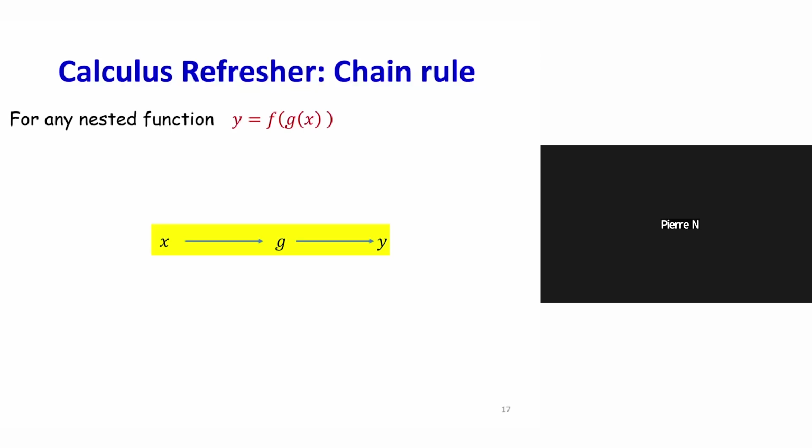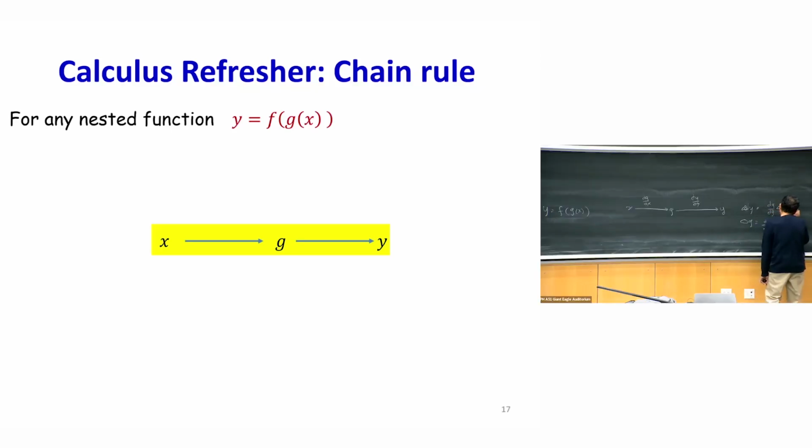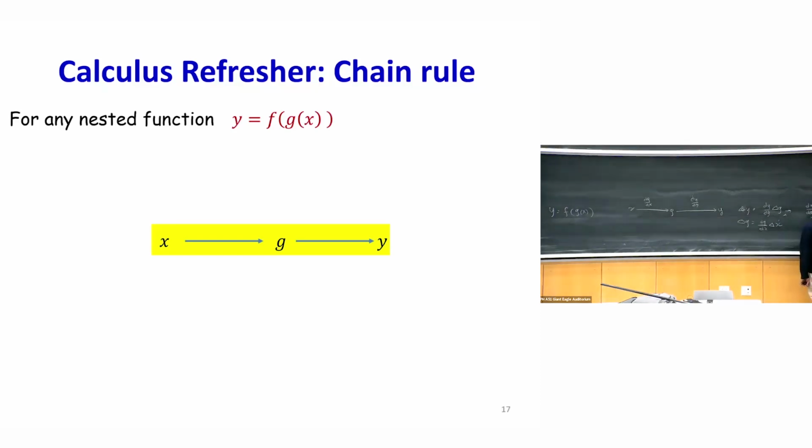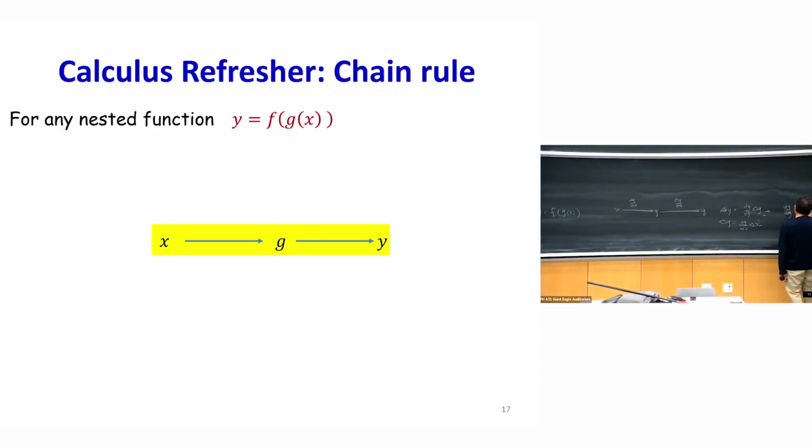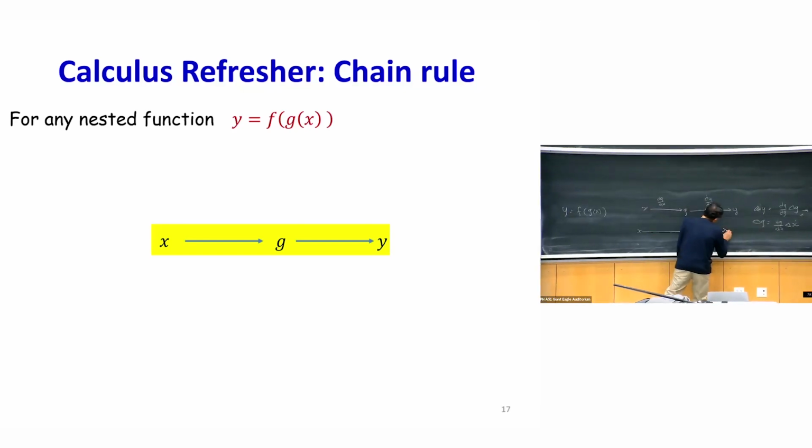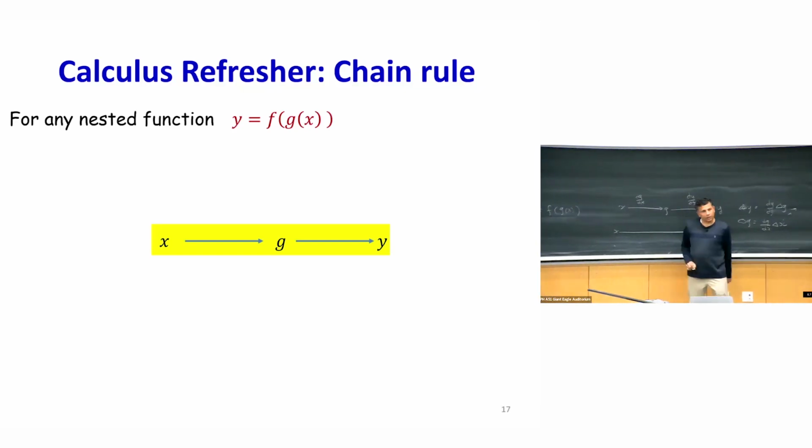dg over dx times delta x. So plugging this over here, I'm going to get dy over dg times dg over dx delta x, correct? So if I were to combine all of these, what is the edge weight over here?